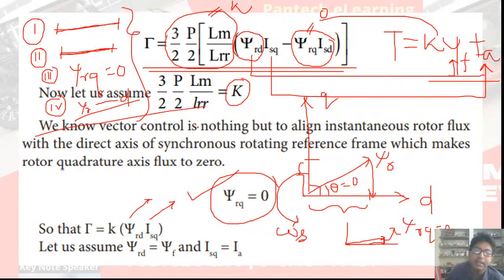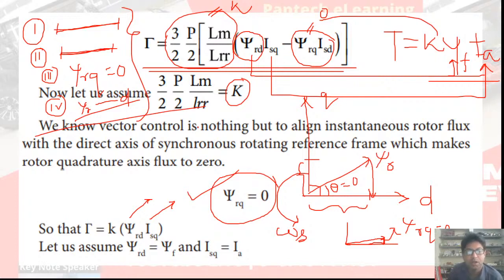So I will tell these things in a single line. Vector control of electrical machine is nothing but to align the instantaneous rotor flux with the direct axis of the synchronous rotating reference frame. I repeat once again.